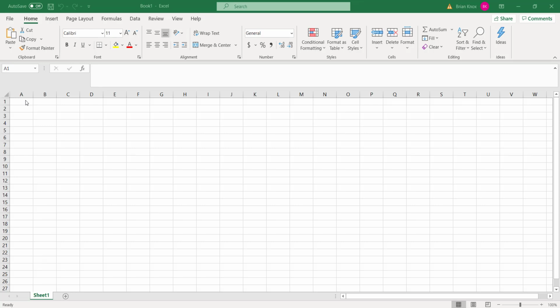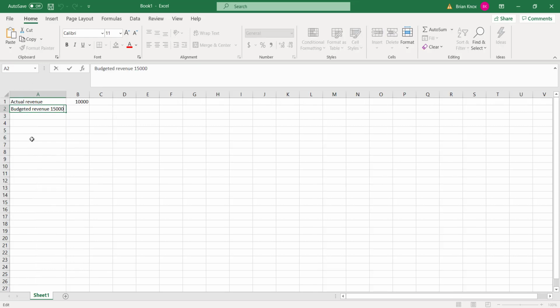Let's throw in a quick example here so we can go through these equations. So let's say we have actual revenue of $10,000. Let's say we budgeted our revenue to be $15,000. So we have a total budget variance for our revenue then, of negative $5,000.